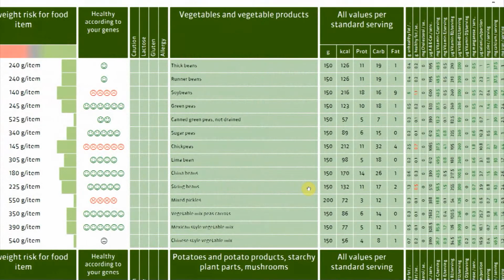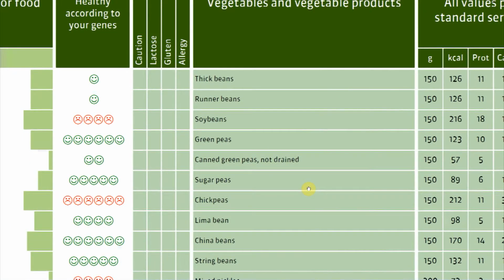And here is one more aspect. You see lactose and gluten as well as caution. And this means if, for example, you are genetically predisposed to be lactose intolerant, then it doesn't mean you are lactose intolerant, it just means you are likely to develop lactose intolerant symptoms at some point in your life.